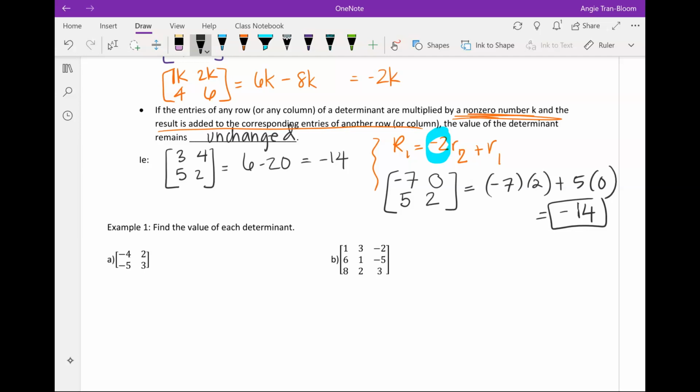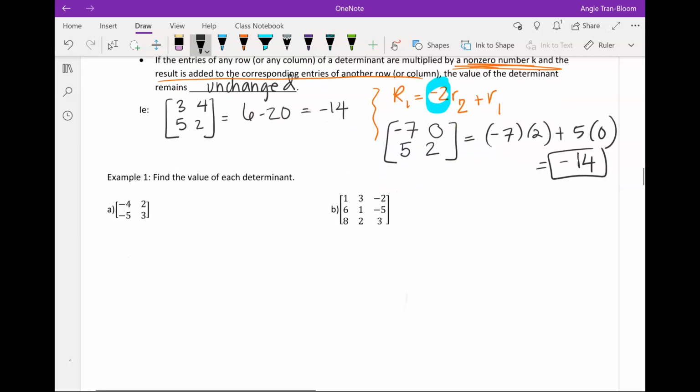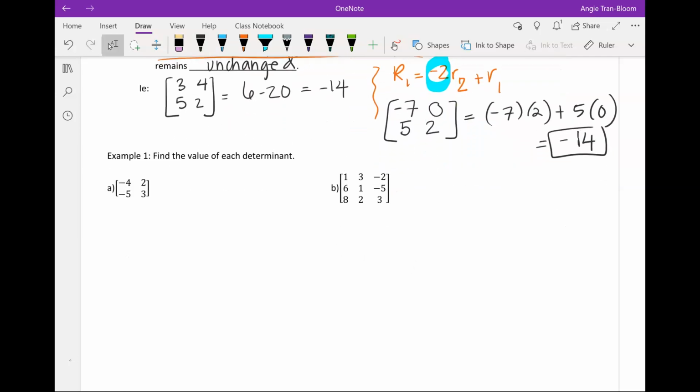You have example 1. Find the determinant of each. I'm going to give you a few minutes to do both A and B. Once we're done with A and B and we check your answers, we are done. Once you're done with A, turn to a partner and make sure you have matching answers.